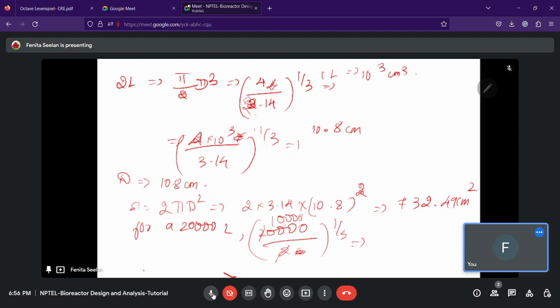Ten thousand liter, right? Criteria is around 21.54.